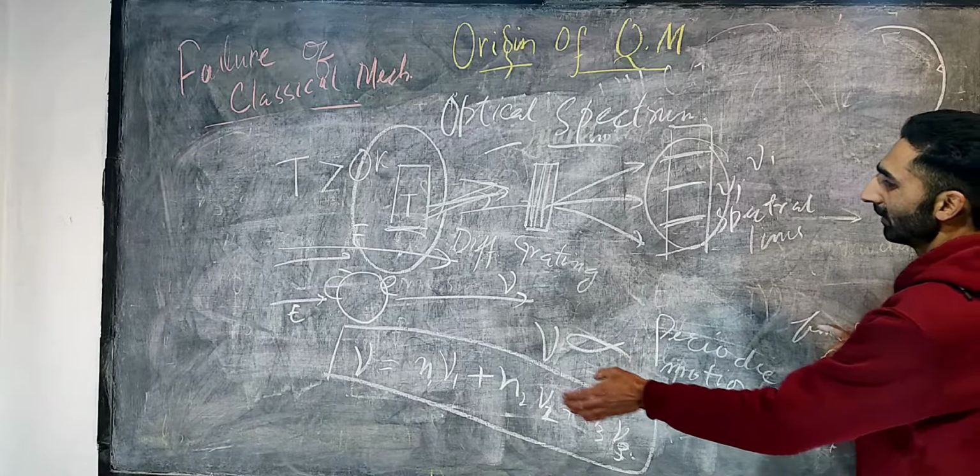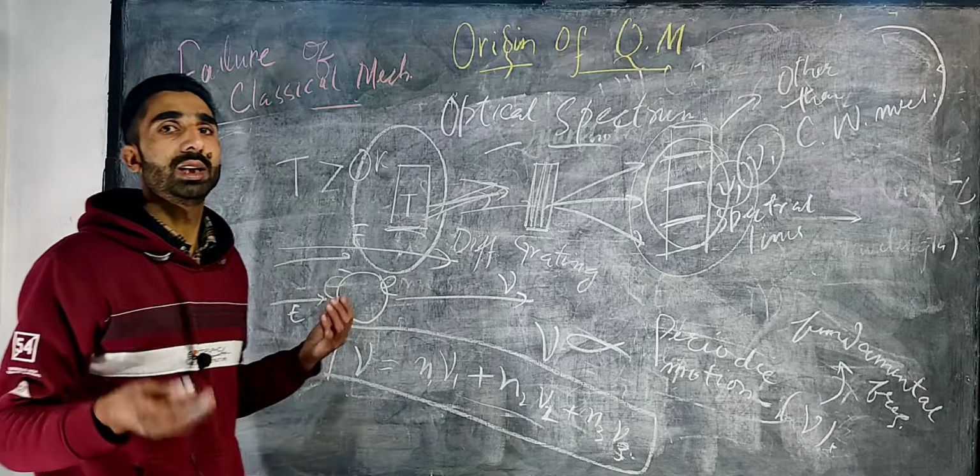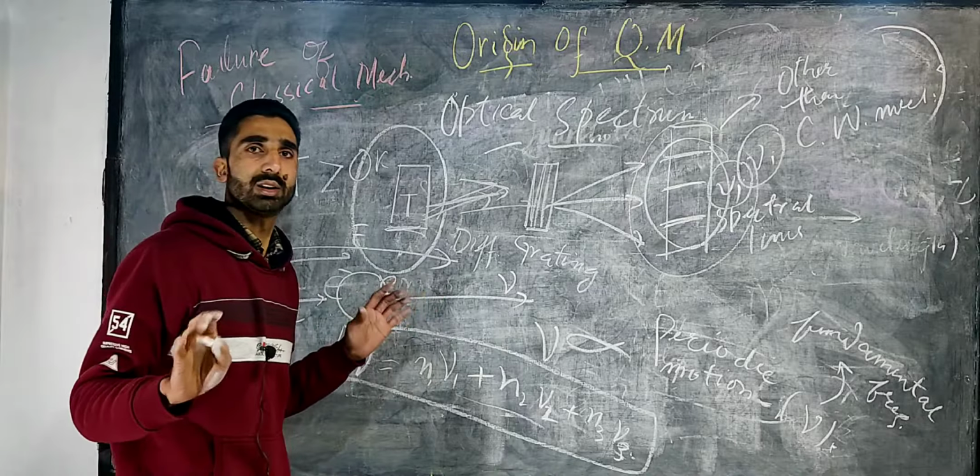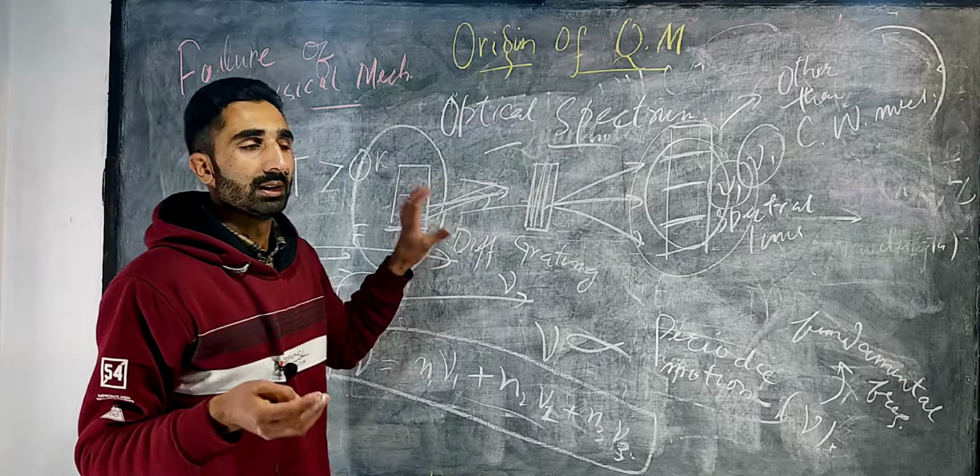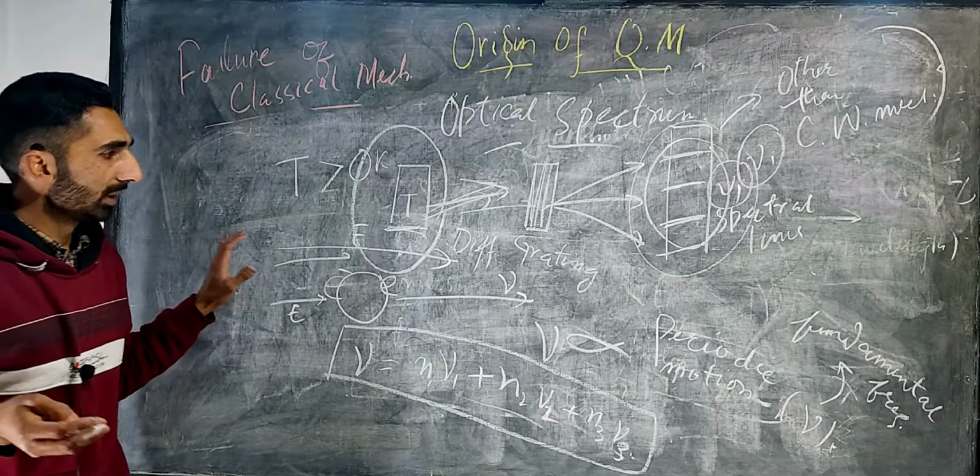You will see in the upcoming lectures that these things will be explained only if we consider the particle nature and the quantum nature of the electrons and of the photons, of light.